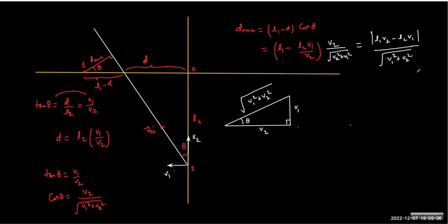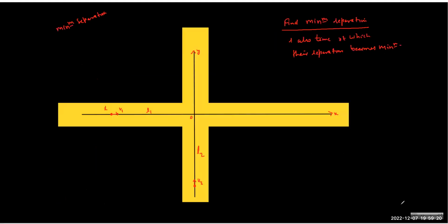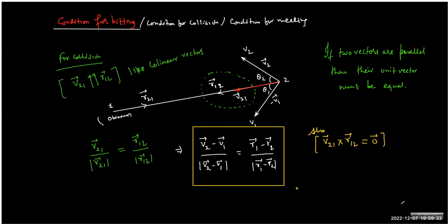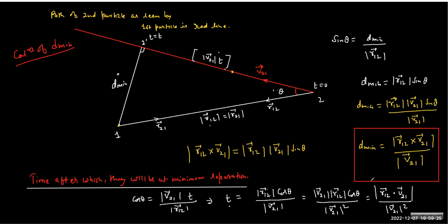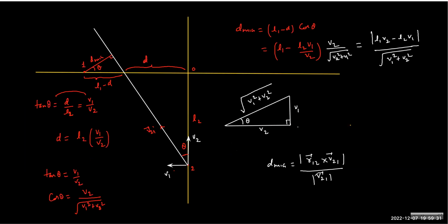Is this clear, guys? Tell me yes or no. Yes, sir. Can you solve this question by using the formula R12 cross V21 upon the modulus of V21, if you remember this formula? I'm saying this because it is easy here, since you can write the X and Y coordinates easily for each particle and just substitute the value.